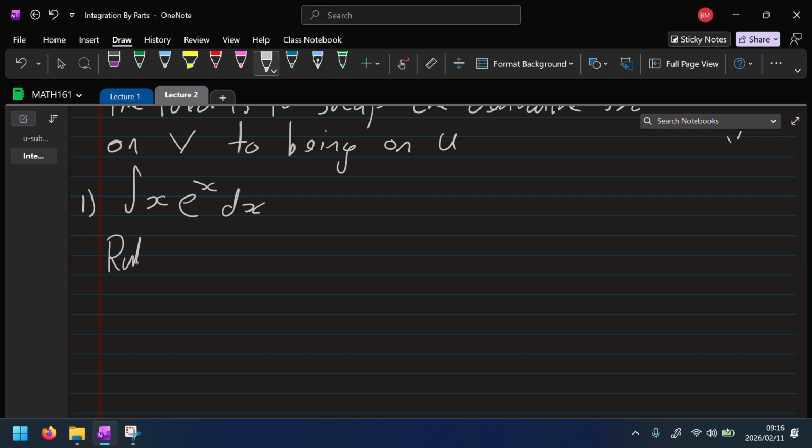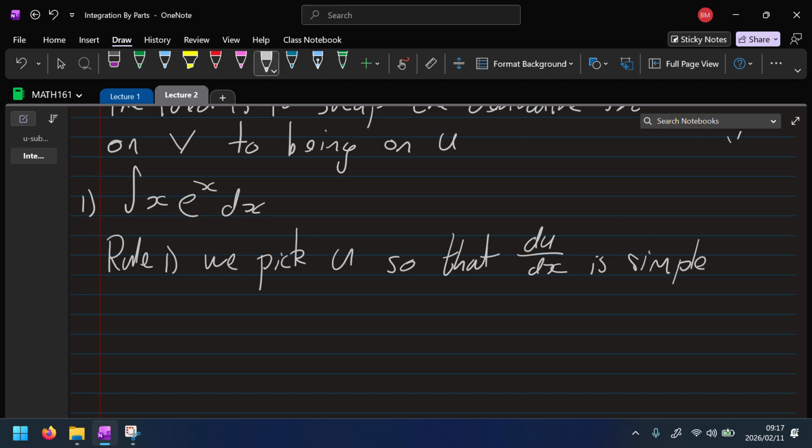So rule 1, we pick u so that du by dx is simpler. Right? If you differentiate it and somehow it becomes more complicated, that's probably the wrong thing to do.